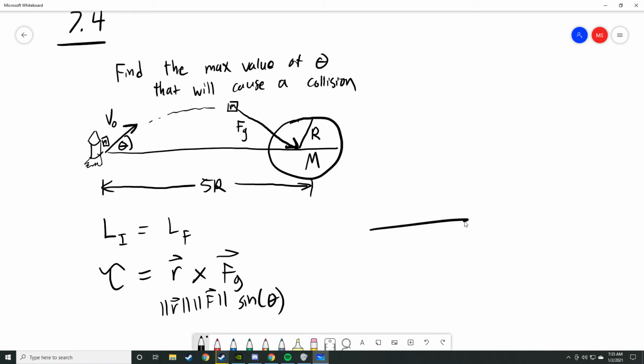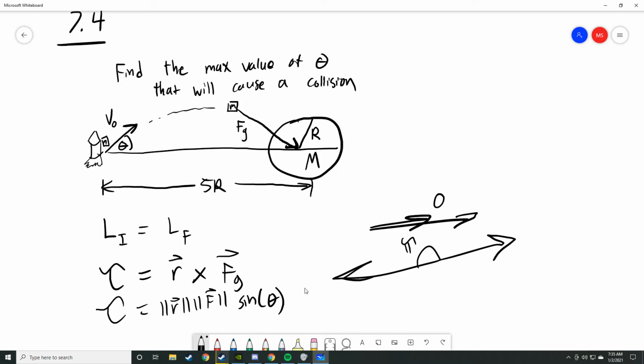So they're either going this way, one on top of the other, or one this way and one this way. Either way, sine of pi or sine of 0 is still 0. So the torque is equal to 0 by gravity.